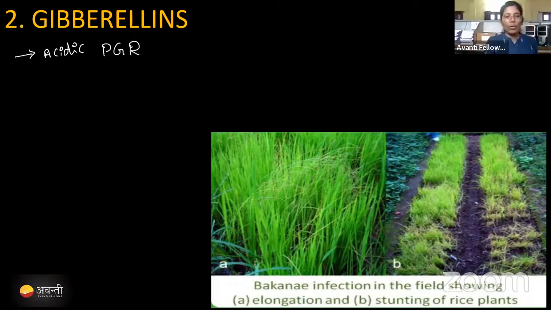These gibberellins are what? Acidic plant growth regulators. First time these gibberellins were identified by E. Kurosawa.